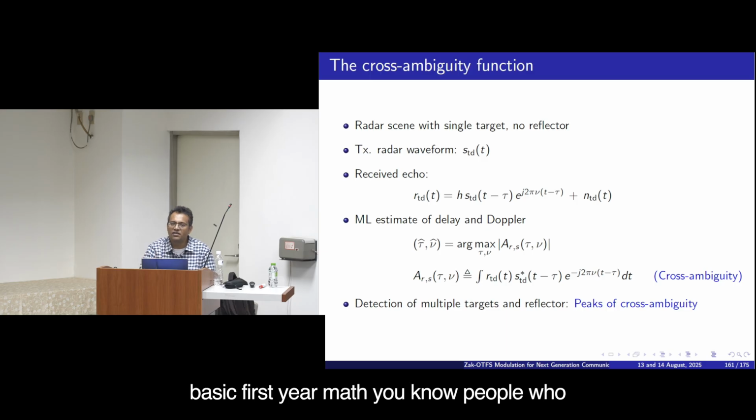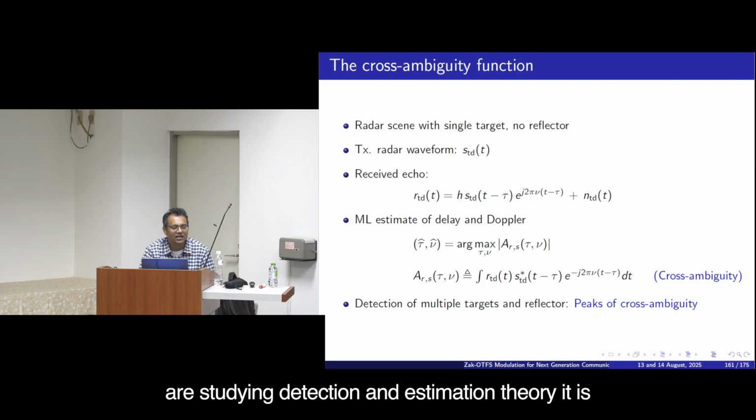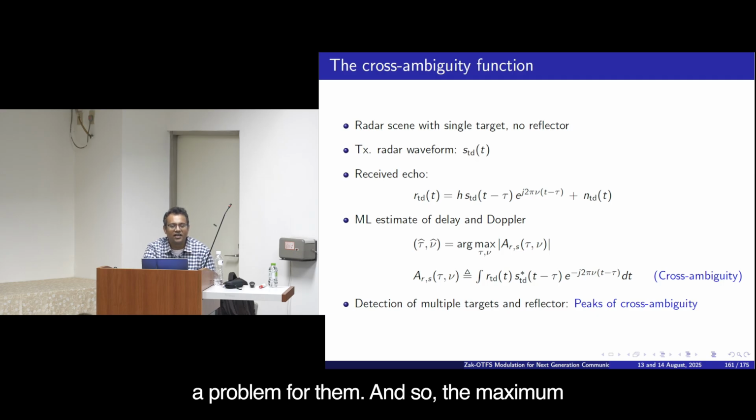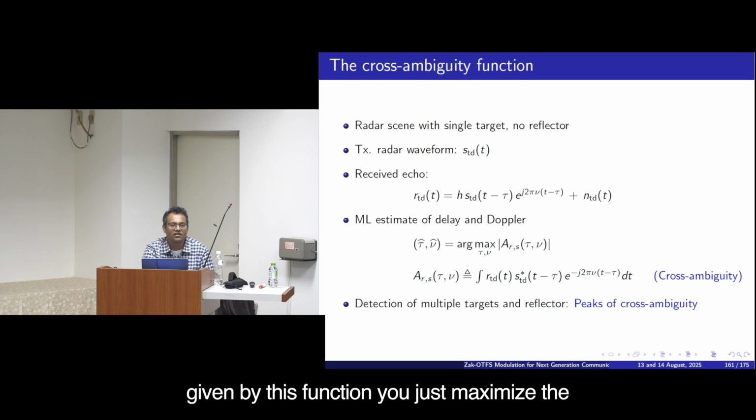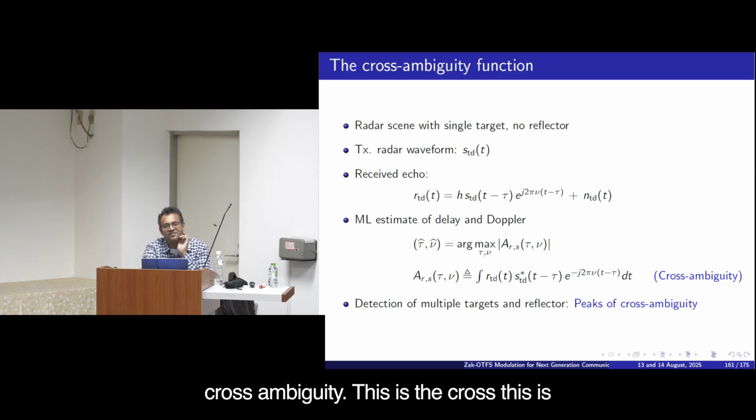If you do basic first year math, people who are studying detection and estimation theory, it is a problem for them. The maximum likelihood estimate of the delay and Doppler is given by this function. You just maximize the cross ambiguity.